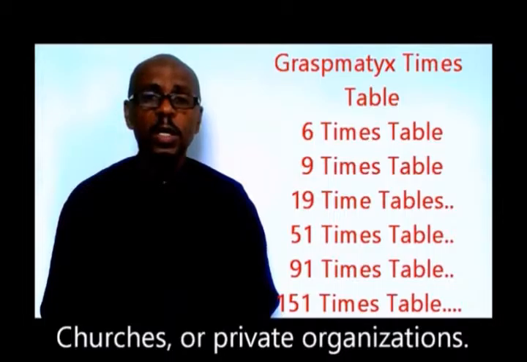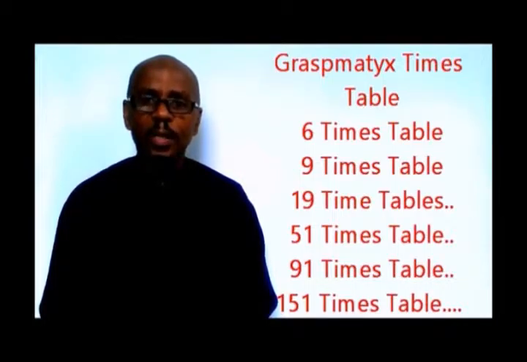So stay with me here on today's program as I go through the Grassmatics times table. We're talking about starting at the number 0 and going all the way to 99 and above.